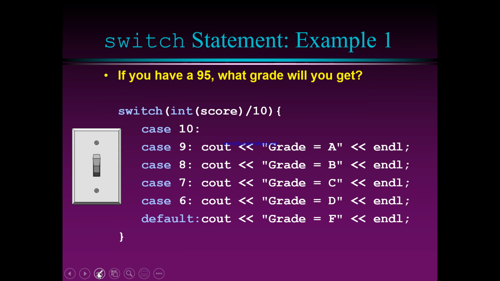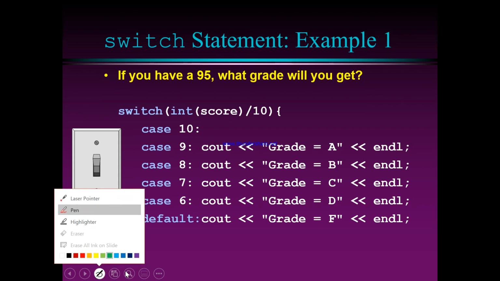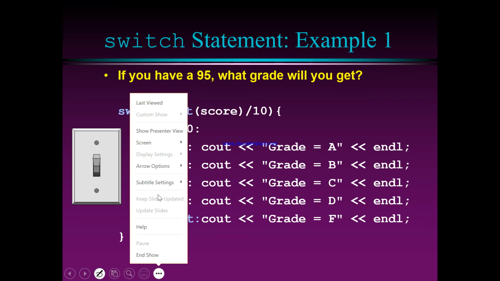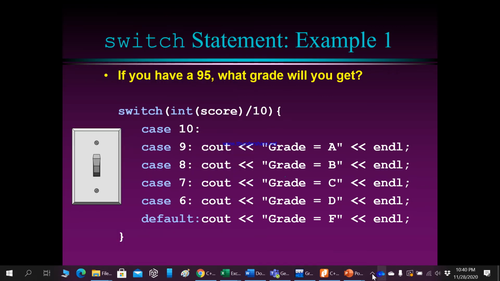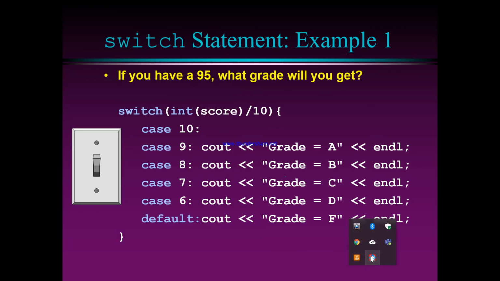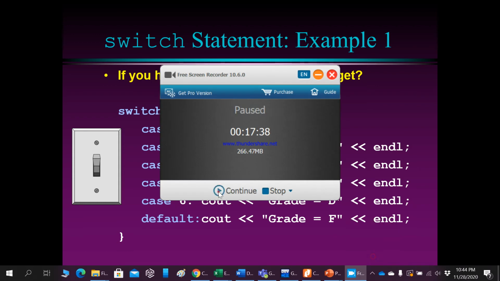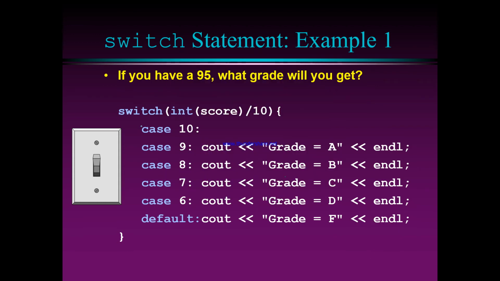Okay. This is the example of grading the obtained marks. This is a very small example, number 1, in which the score obtained is coded here.